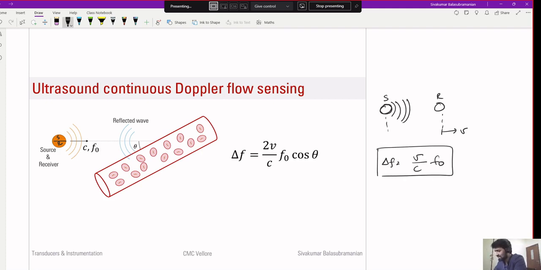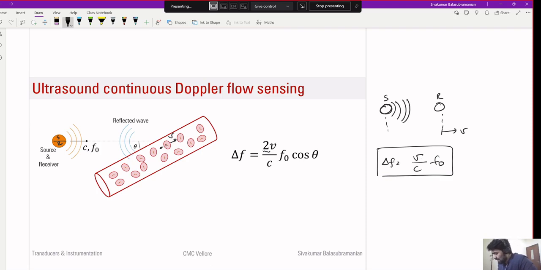in the current case there will be an additional factor of 2. That's because your source transmits, and the intermediate receiver, which is your RBC, is moving with some velocity v. So the frequency that is perceived by the RBC will be basically this v by c into f naught.